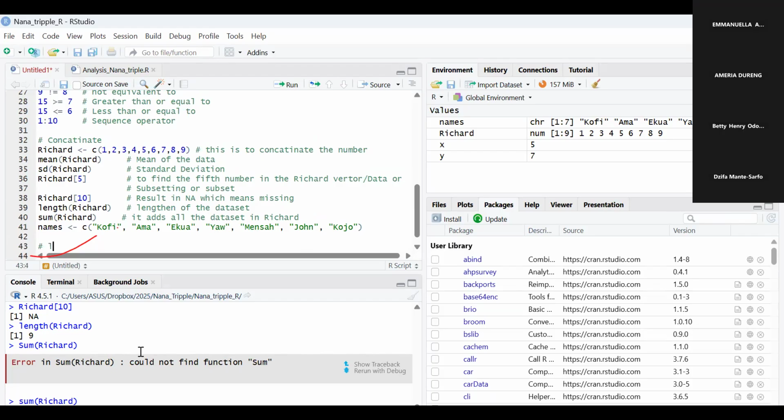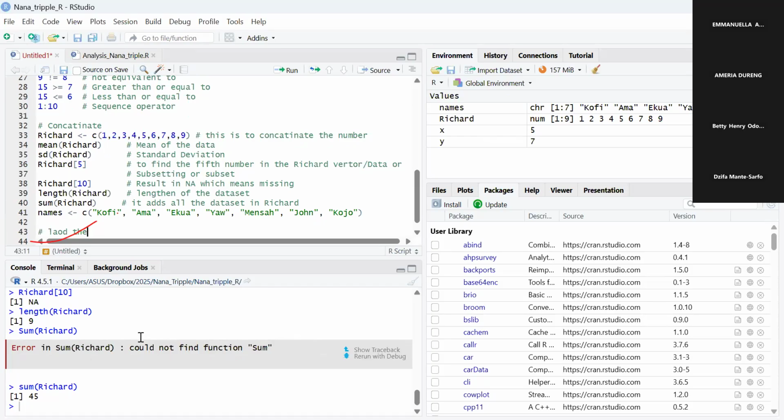Let's load. Hey, did I spell my load well? Load the data set from maybe Excel or CSV, it's the same, into R.